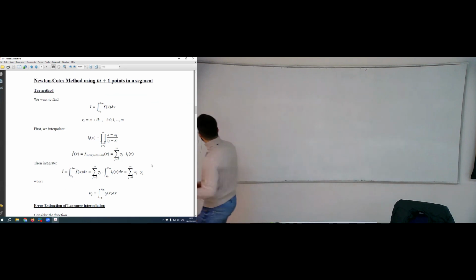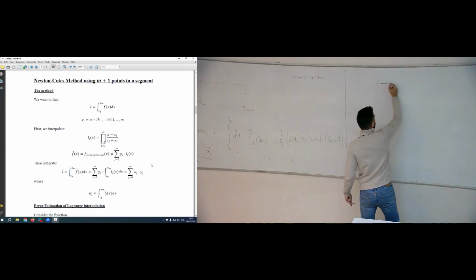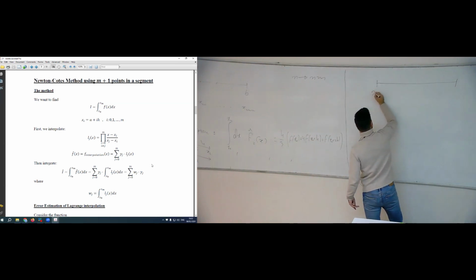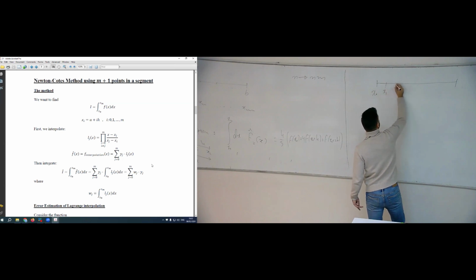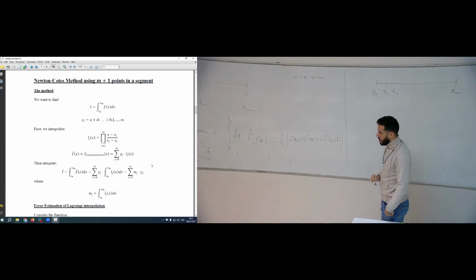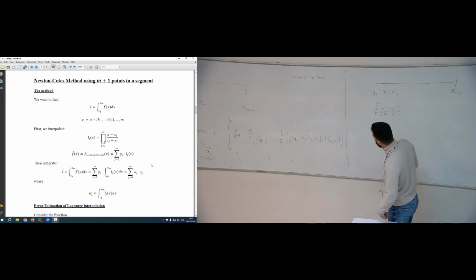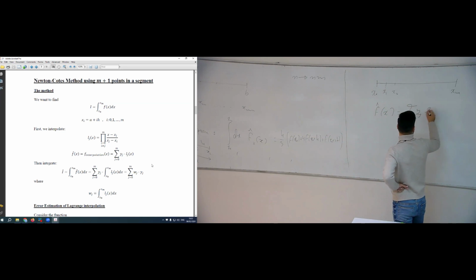Suppose here I have my function, x0, x1, x2, xm, and I have the interpolation. The interpolation says that f of x is approximately the sum of y_j L_j of x, j from 0.